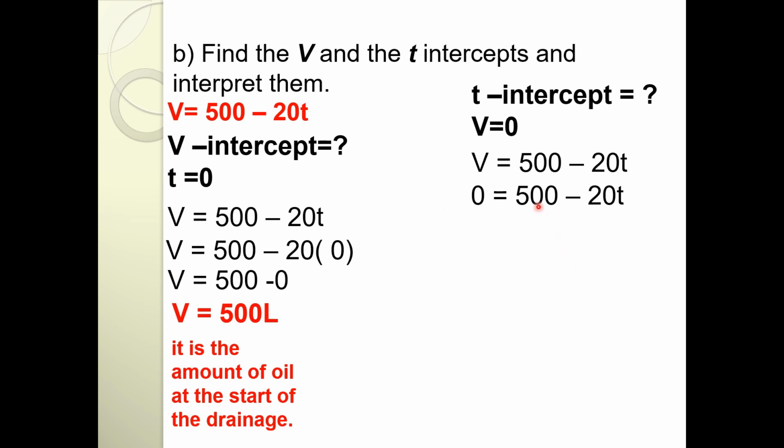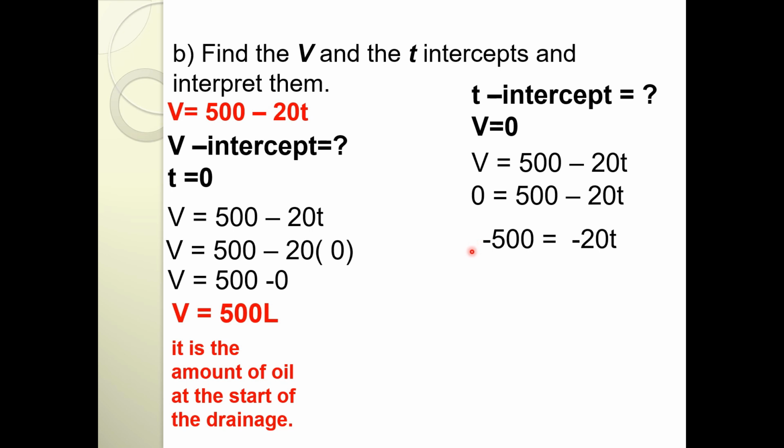Mathematically, we cannot combine 500 with negative 20t. Pero si 500 at si 0, since they are both constant, pwede po natin yung pagsamahin. Ililipat lang po natin si 500 dito. So we will have negative 500 is equal to negative 20t, kasi magiging 0 minus 500, negative 500 din yun.